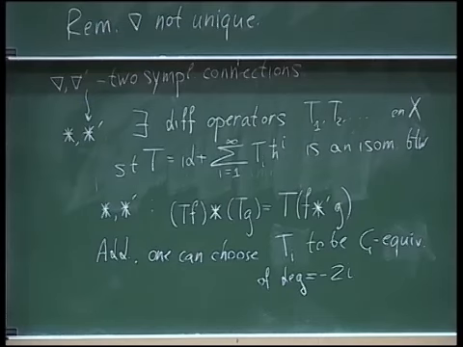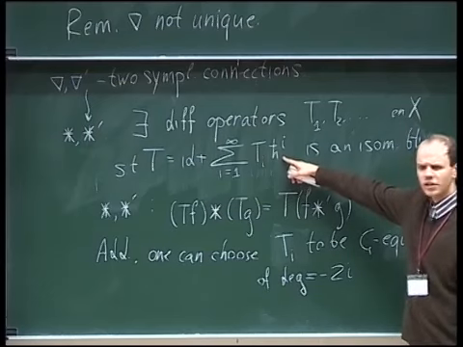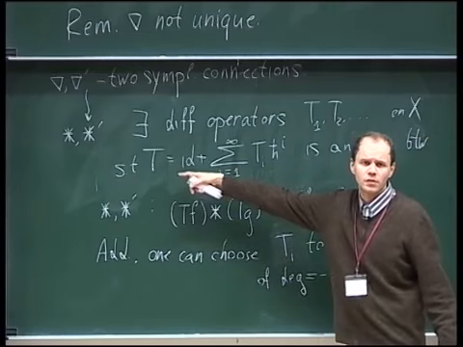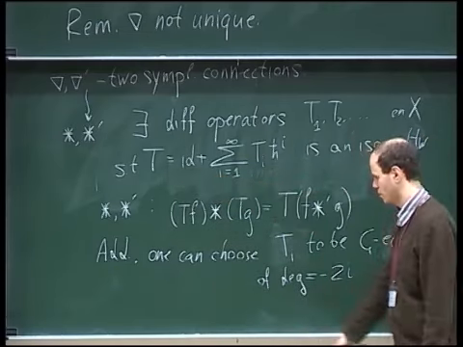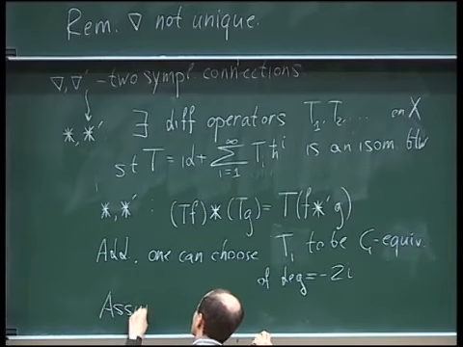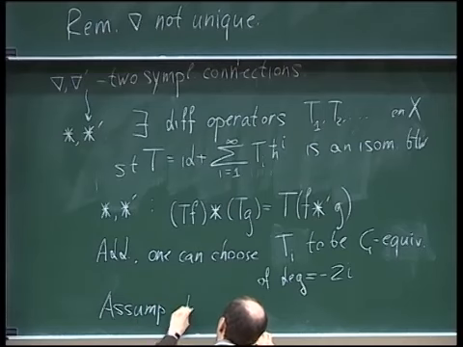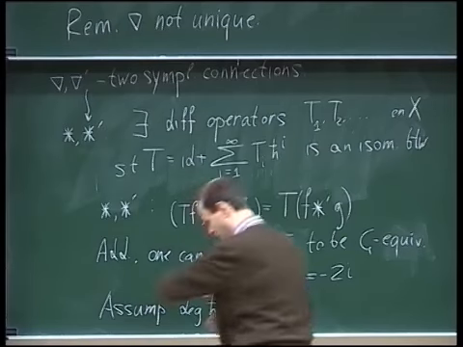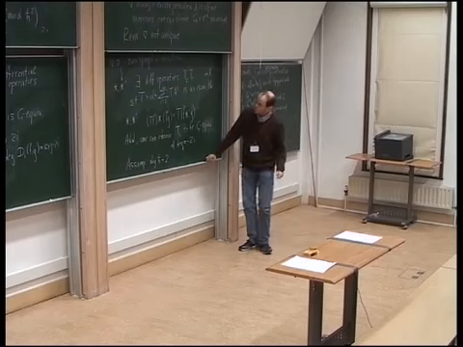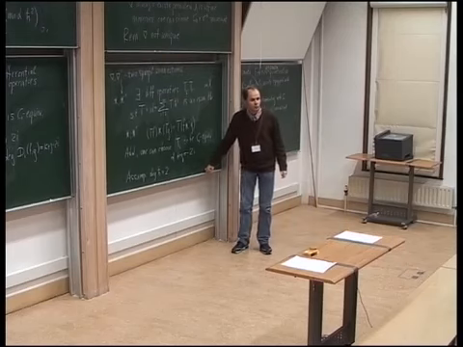Why minus 2i? Well, I assume that h bar has degree 2, and so this T should be G times C times equivariant, under the assumption that h bar is equal to 2. Okay. So that was about the Fedosov construction. Let me explain some examples.